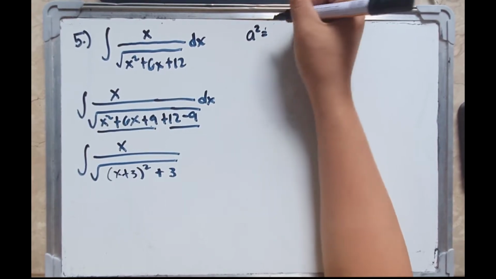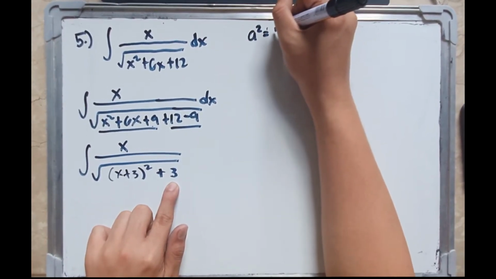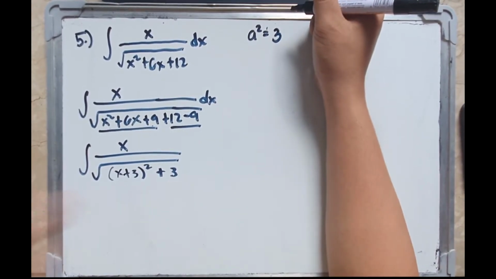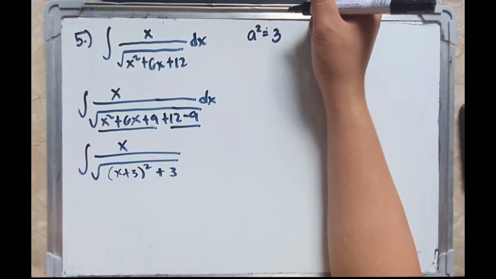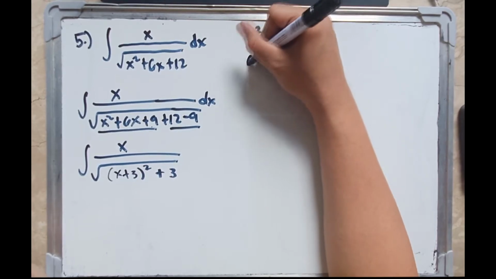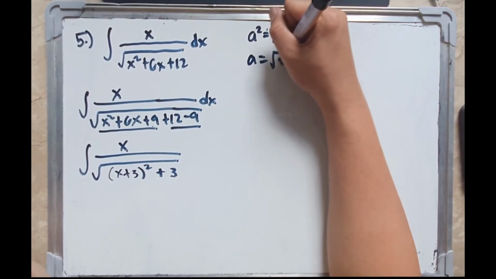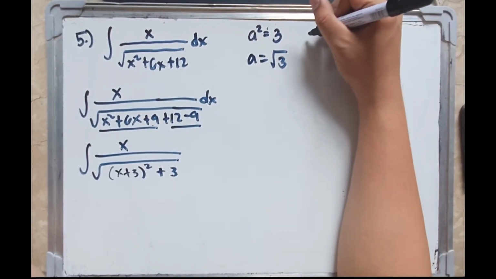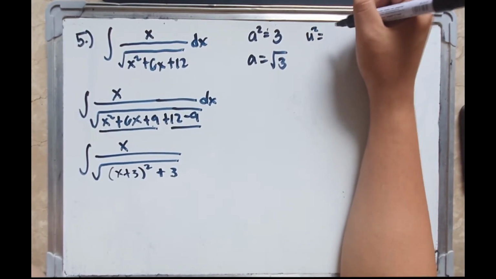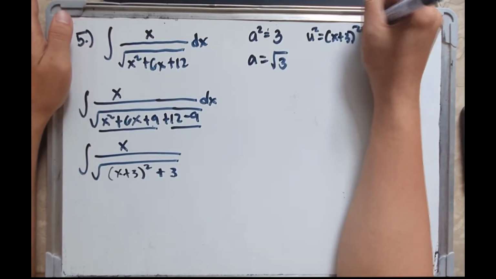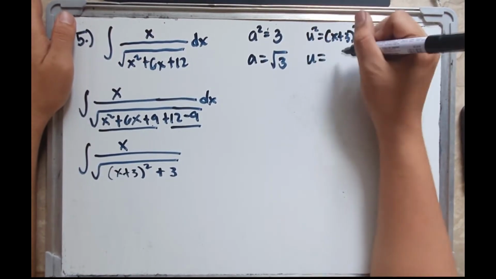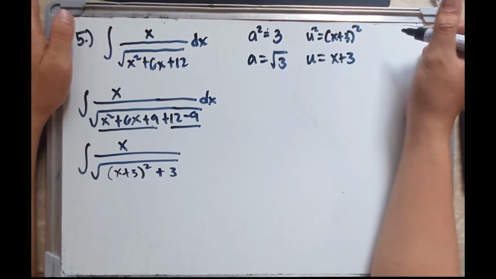Our a squared is 3. Our a is square root of 3. Our u squared is x plus 3 squared. Our u is x plus 3.